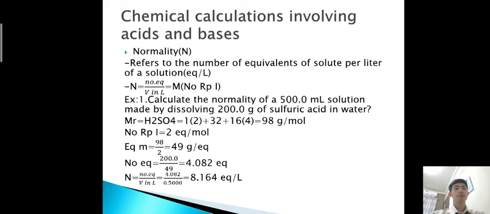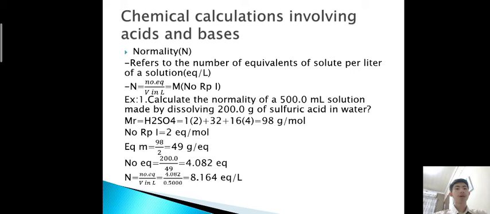For example, number 1. Calculate the normality of a 500.0 mL solution made by dissolving 200.0 gram of sulfuric acid in water. First, we find the molar mass. Sulfuric acid is also known as H2SO4.